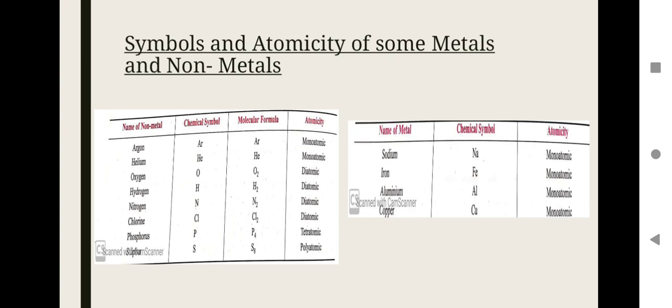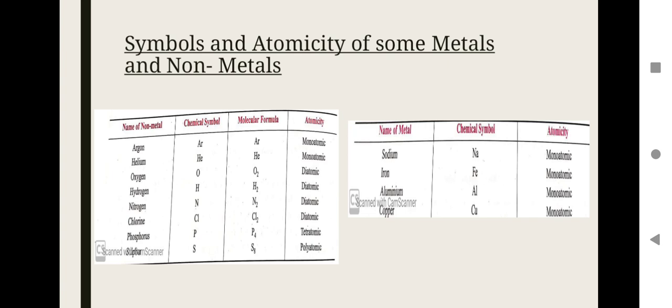Helium, which is also a noble gas, has the symbol He and is also monoatomic. Oxygen, hydrogen, nitrogen, chlorine are diatomic. Phosphorus, we have discussed, is tetraatomic, represented as P4. Sulfur is polyatomic, represented as S8.